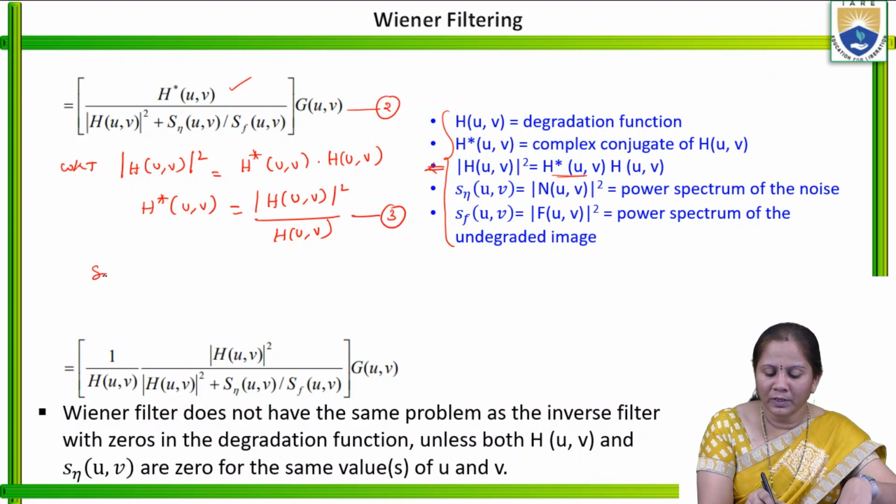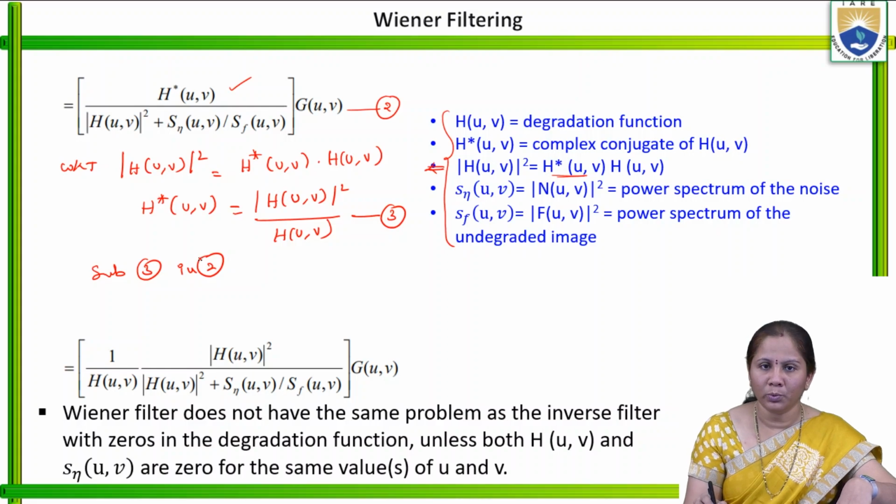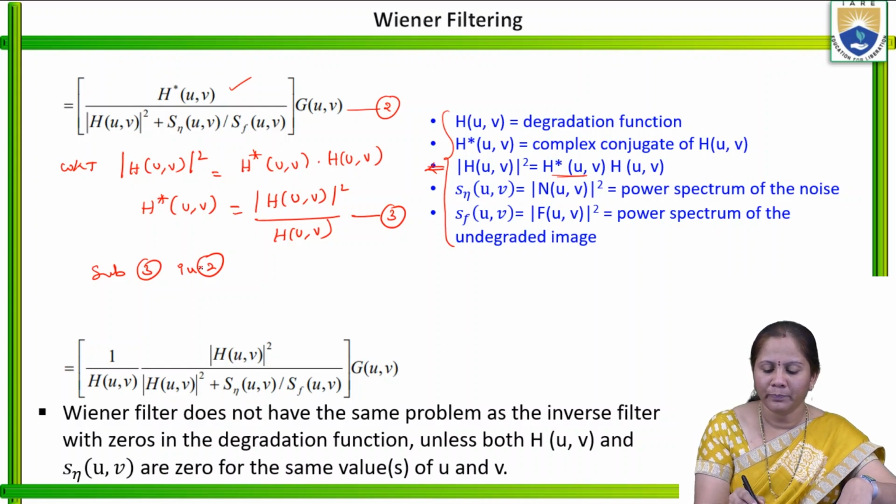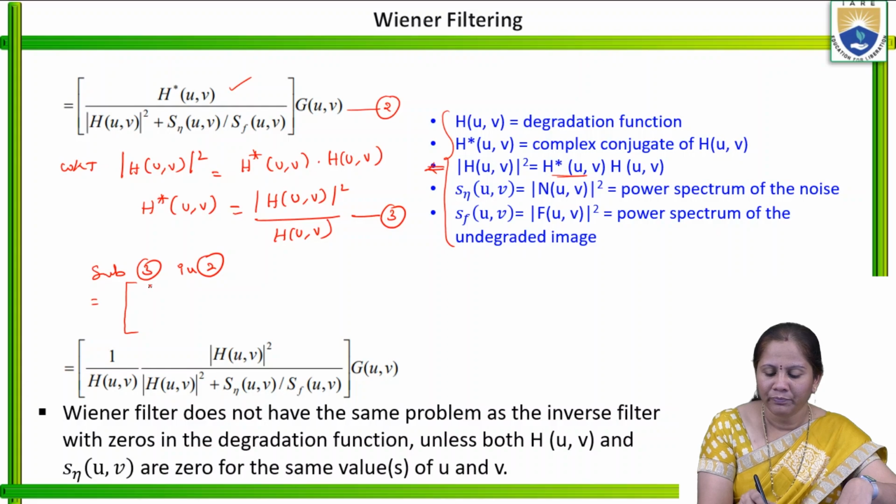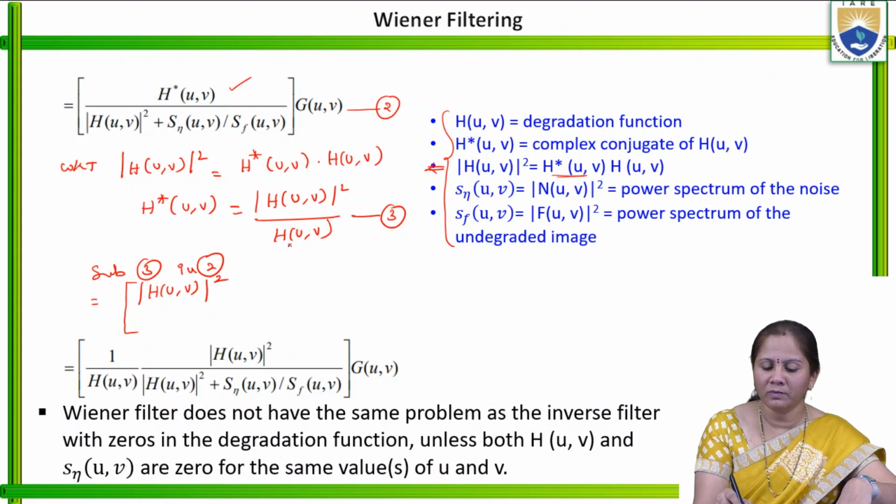Now if we substitute equation 3 in equation 2, what we will get here is h star of u comma v can be represented as this equation: h of u comma v whole square, and here we have some h of u comma v term.